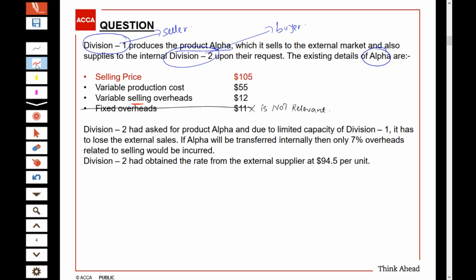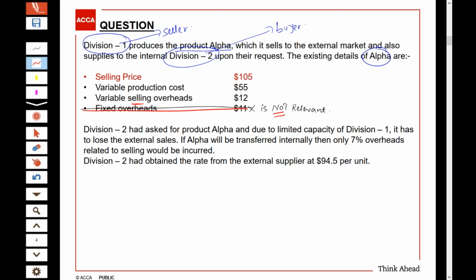Okay, I am explaining. Because transfer pricing is a separate decision, and whether or not the product will be transferred internally, the selling division has to bear this fixed cost. Now, this is something which is not relevant to this specific decision.